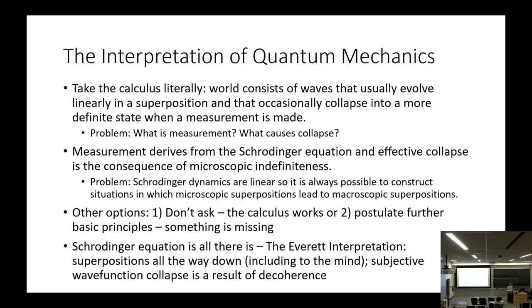And then the last one that he really spends a lot of time talking about and arguing maybe for is that the Schrodinger equation is all there is. I kind of think about this one to myself as turtles all the way down, superpositions all the way down. What does that mean? That means that in Chalmers' view, superpositions extend all the way to our mind and the perception of them.